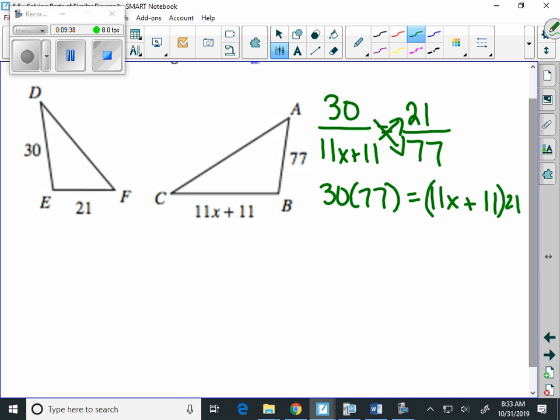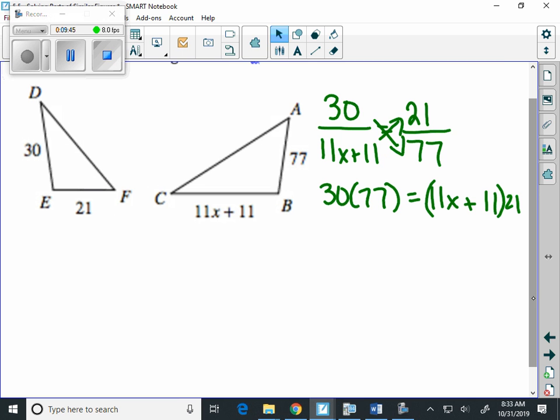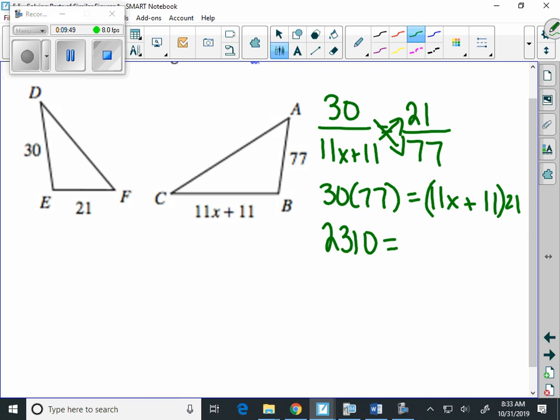And in this particular case, it might be helpful to figure out, well, what's 30 times 77? It's 2,310. And regardless, if we write our 21 in front of the parentheses or after the parentheses, we still need to take that 21 and distribute.